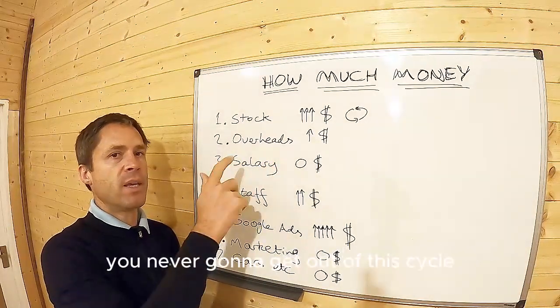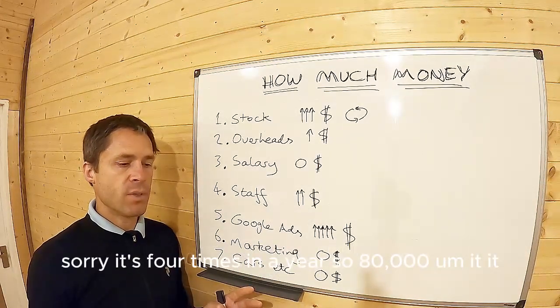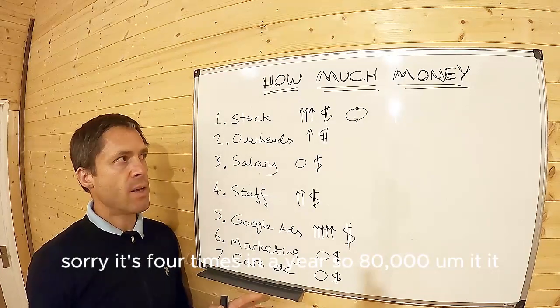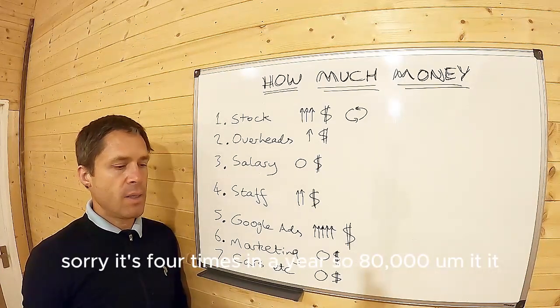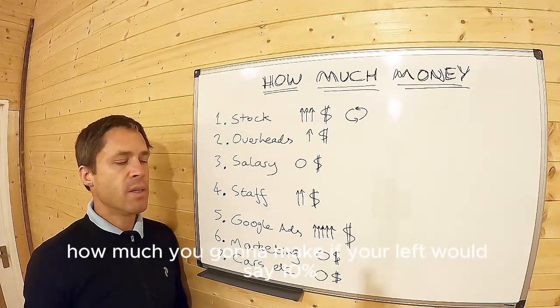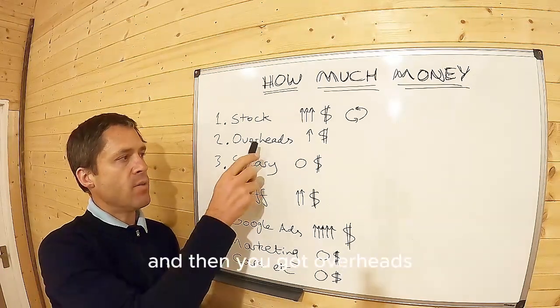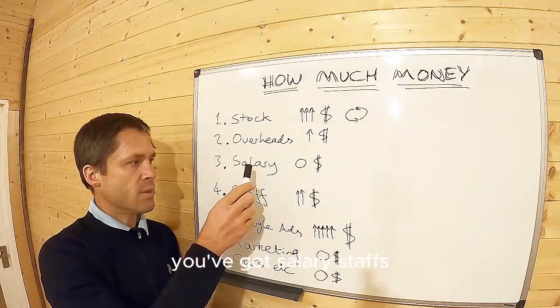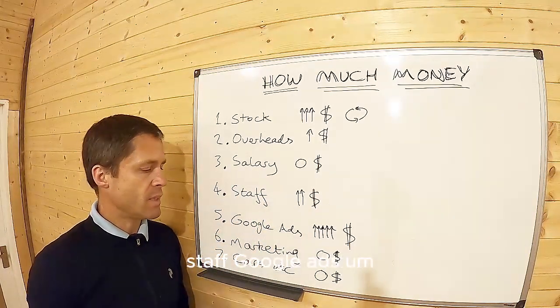And you're never going to get out of this cycle, because let's say you turn over 20,000, 4 times in a year, so 80,000. How much are you going to make if you're left with, say, 10%? So 80,000 pounds, you've got 8 grand, and then you've got overheads. You've got salaries, staff, Google ads.